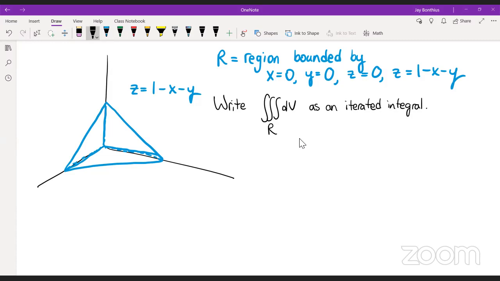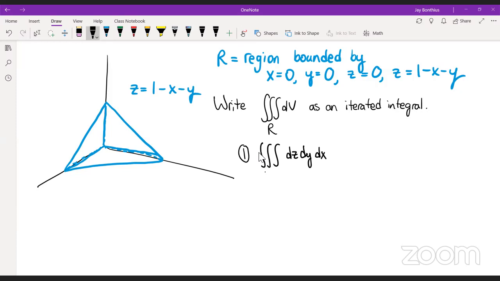Okay, so first, let's do dz, and then dy dx. Okay, let's do dz dy dx. Okay, so what's the lower bound on z in terms of x and y?